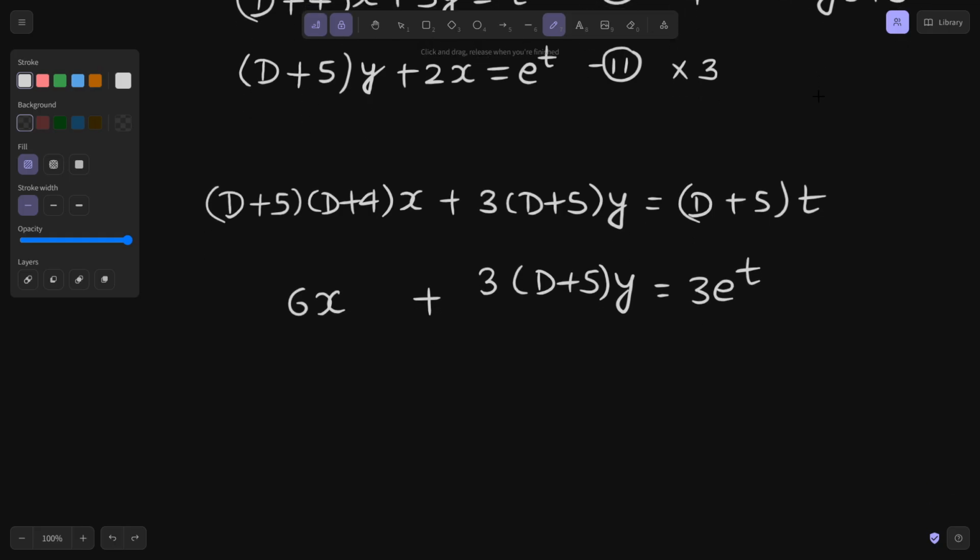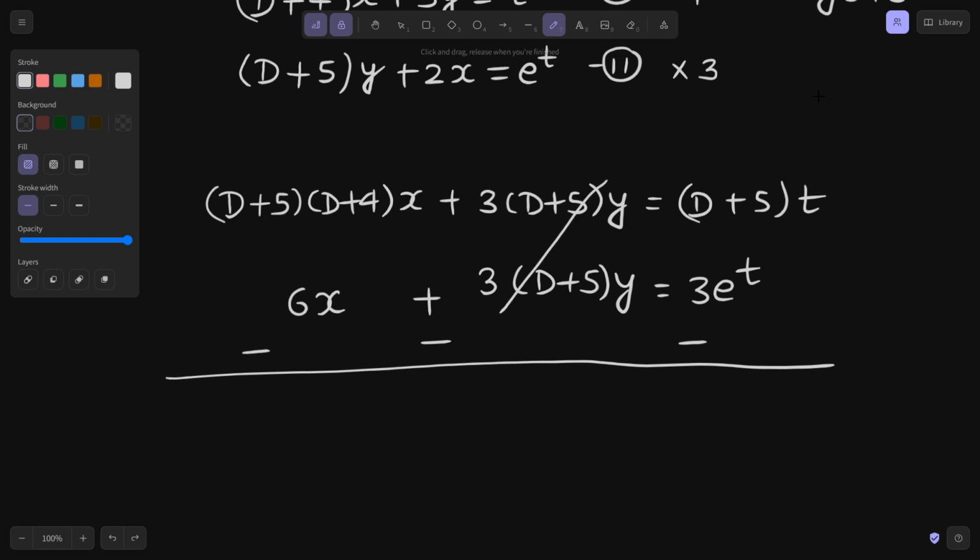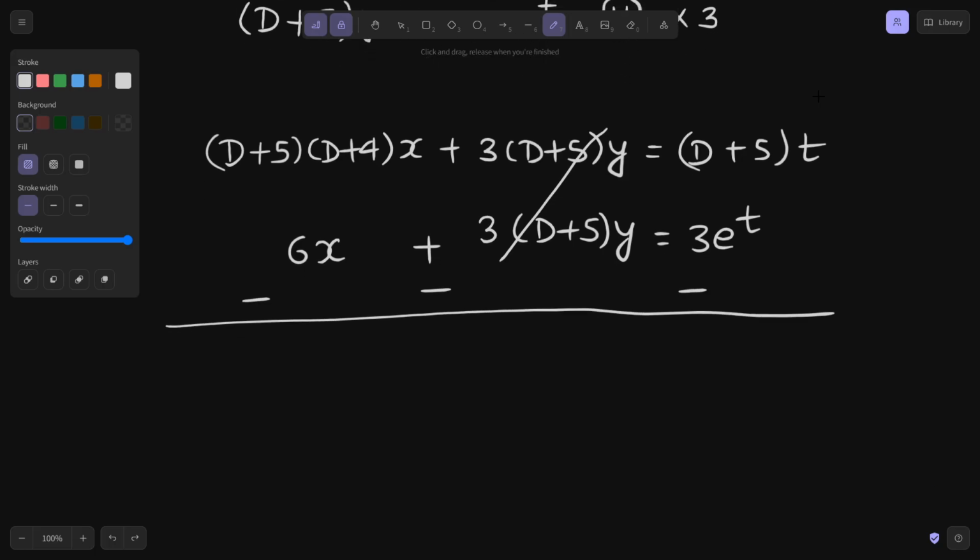Now what I will have to do, I will have to simply subtract this. So this will get eliminated. This was my dream, to eliminate this. Now what's next? Just simplify. So D plus 5 times D plus 4. So let's open the brackets.